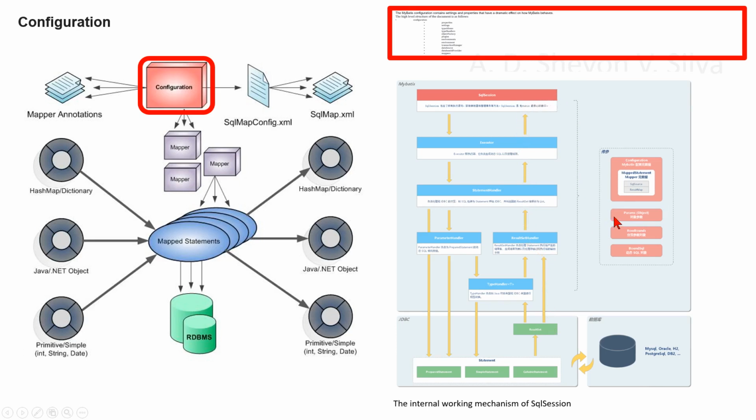And here you can see SQL source and result maps are inside the mapped statement mapper. Mapped statement mapper is inside configuration MyBatis, and here you see params object, row bounds, and bound SQL.